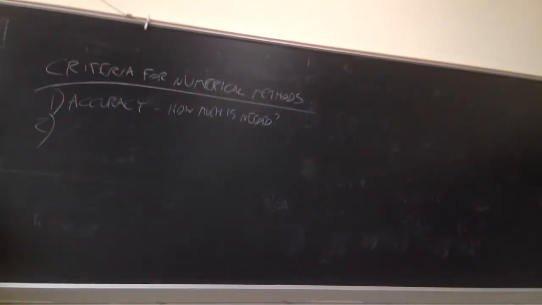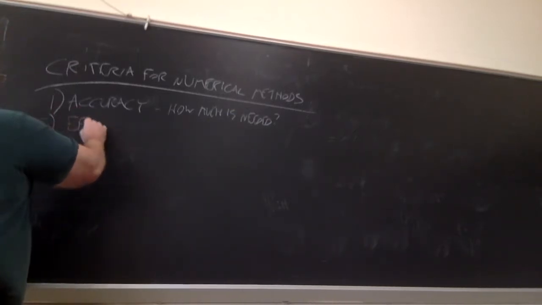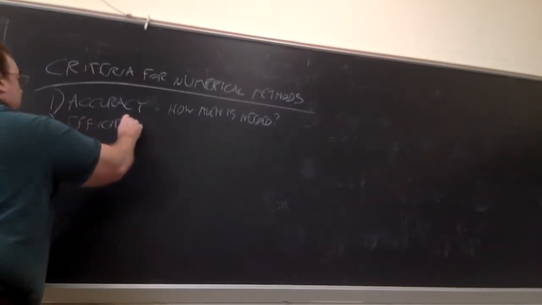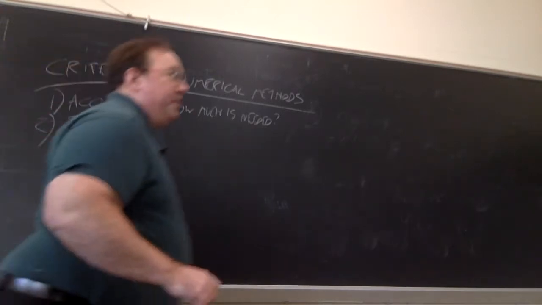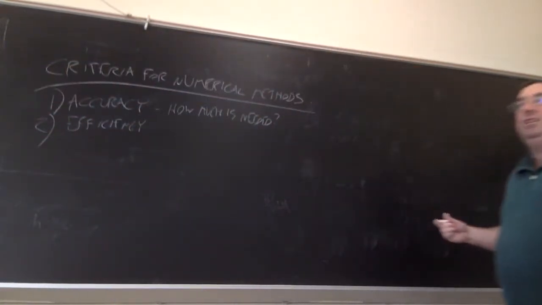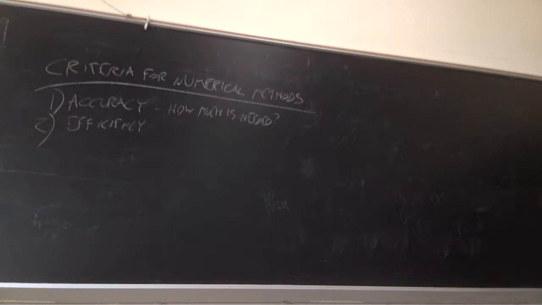The second criterion is efficiency. Now, computers are so much more powerful year after year. Whatever computer you have now, it doesn't matter if you got it a week ago, it's already obsolete.